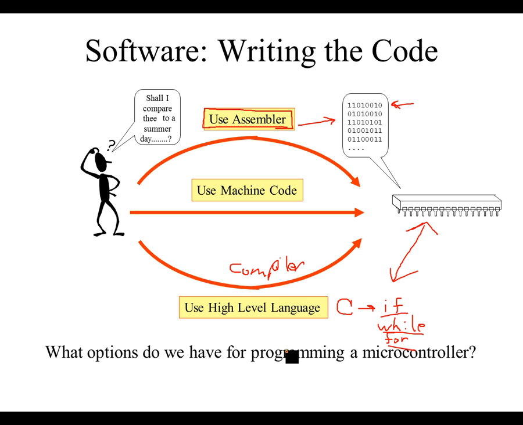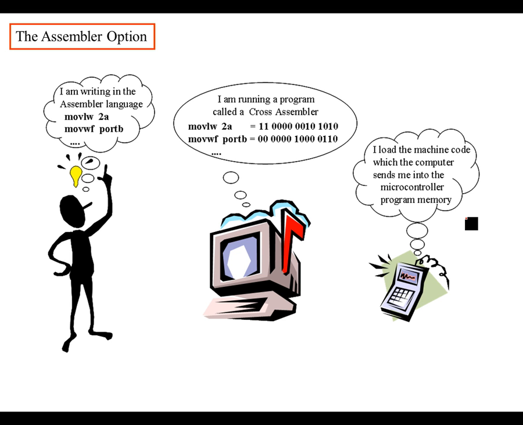So what options do we have for programming a microcontroller? After we get the code written, we need to program the data inside of the chip. This talks about the assembler option. The person is writing in assembly language, using mnemonics: move literal to W, move W to F, port B. The computer is running a tool called a cross assembler, which takes your instructions, the mnemonics, and translates them into the actual machine code, the op codes and the operands.